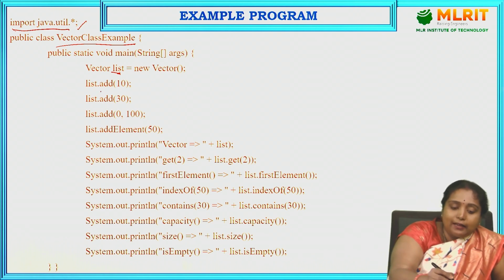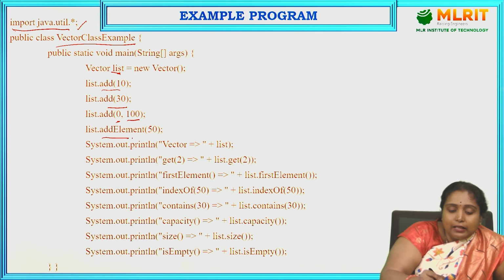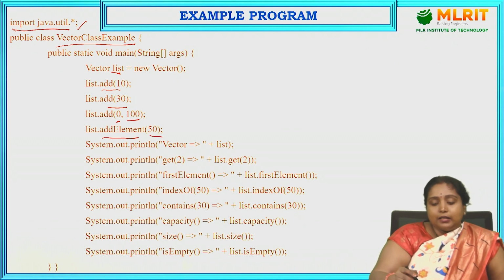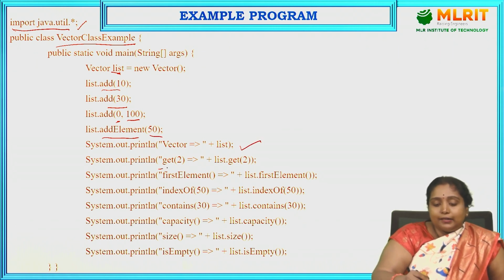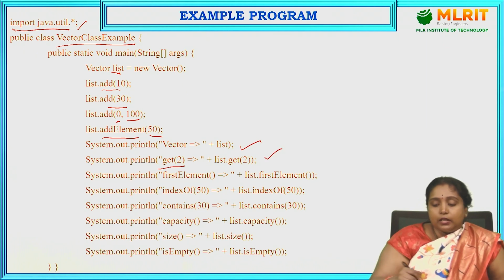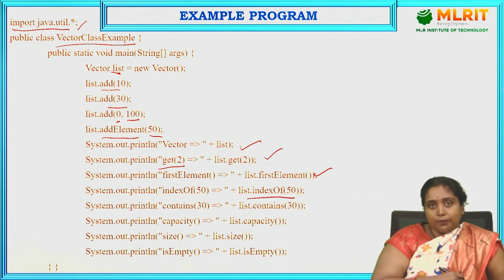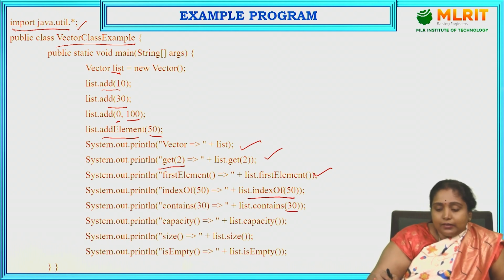So list.add. I just want to add 10, 30, and at index 0, I am going to add 100. And next, add element 50. And next, I am printing the list. And next, get(2). At the particular index value 2, what was the element? And what was the first element? What is the index of 50? And next, whether 30 is present or not.